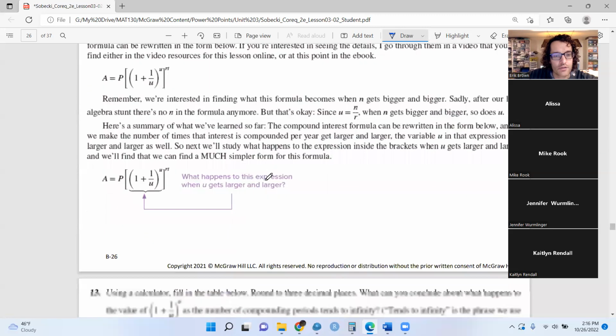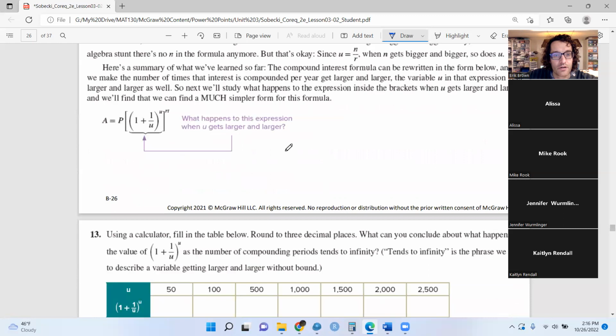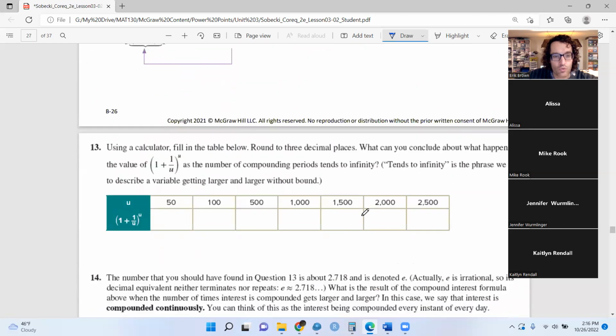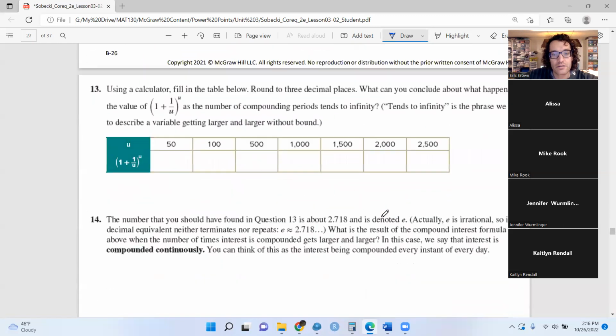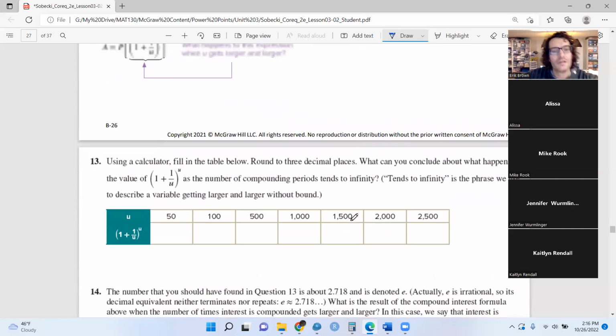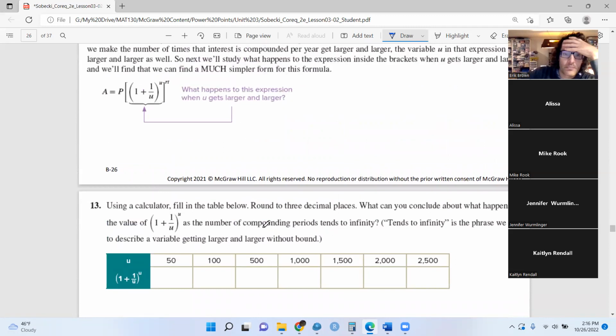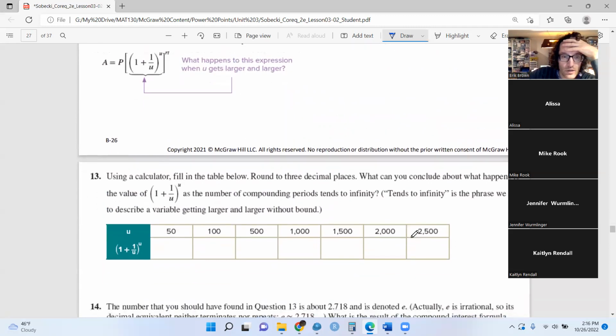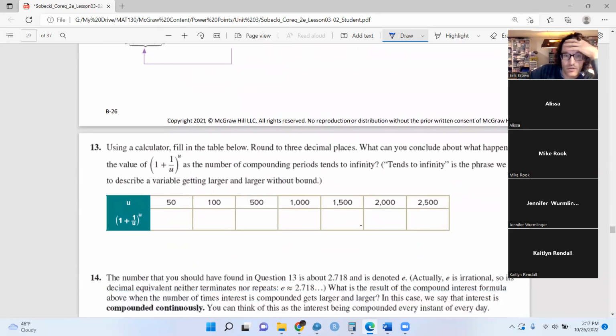Now, the author takes us through some stuff here, and it gets a little crazy. And basically, you're being asked to do some calculus. So I'm just going to have us look at this thing, and I'm not going to talk through how all of this goes together. I think it's a little bit beyond the scope of this course.